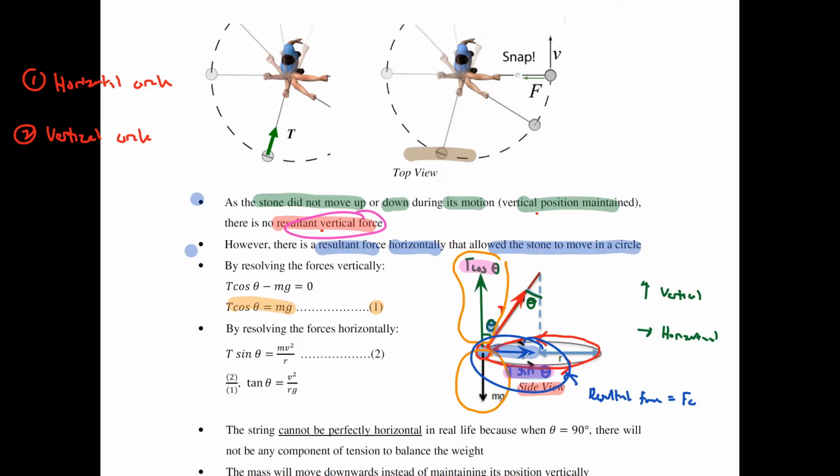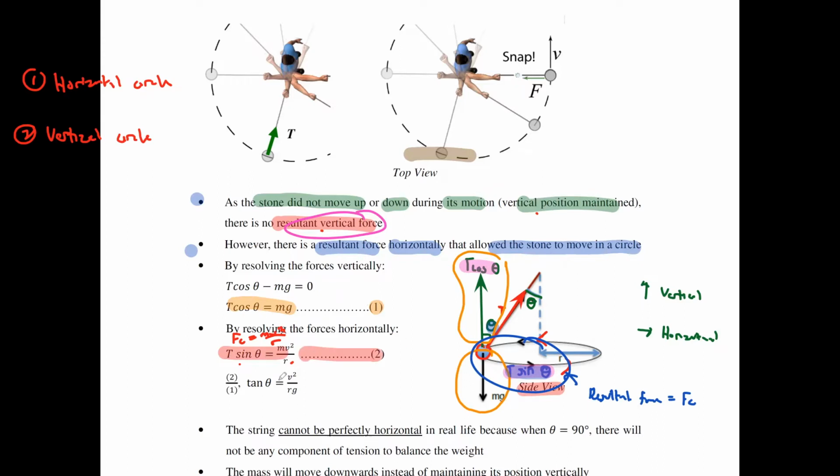This T sine theta is the force that allows your mass to move in a circle. You see, this is the center of your circle, isn't it? This force is pointing towards the center of the circle. So if I use the equation Fc equals mv squared over r, my Fc is T sine theta. Then it equals mv squared over r. So this is the second relation that you know.